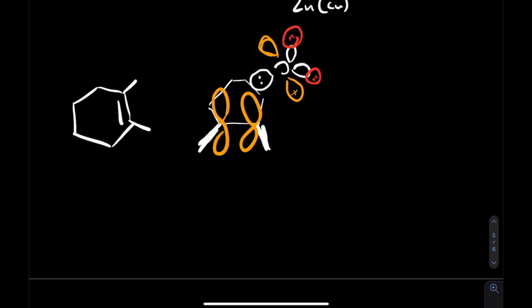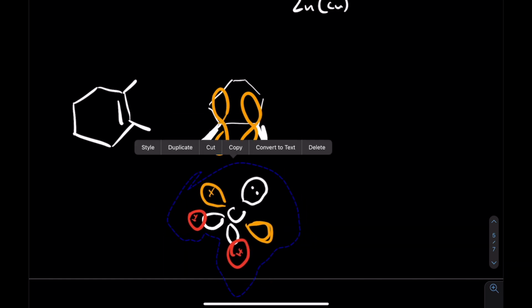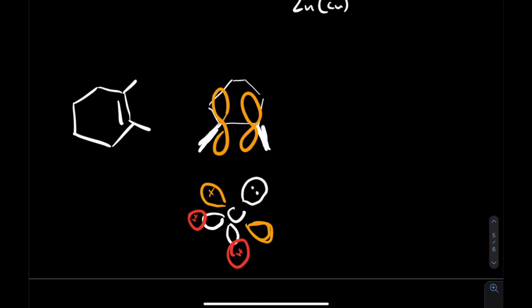Now you'll notice it can go in the top, it could also go on the bottom. There's no selectivity there, but the selectivity all comes from the fact that it's going to end up reacting on the same carbon, on the same side.